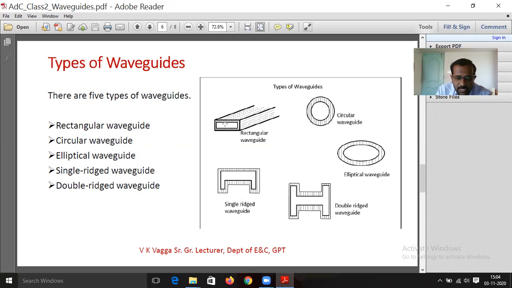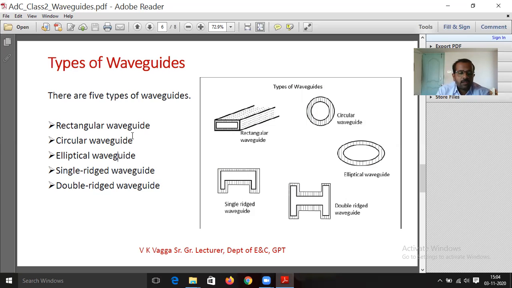If it is rectangular in shape, it is called a rectangular waveguide. If it is circular in shape, it is called a circular waveguide. If it is elliptical in shape, it is called an elliptical waveguide. And if it is having the bending at one end, it is called a single ridge waveguide. And if it is having the bending at two ends, it is called a double ridge waveguide. It is about the classification of the waveguide here.